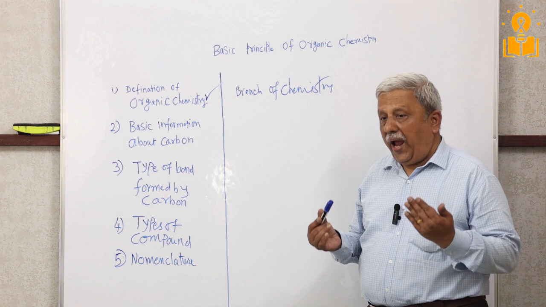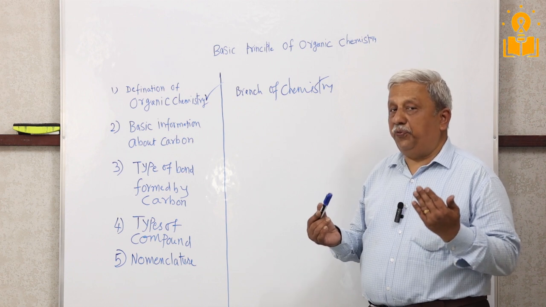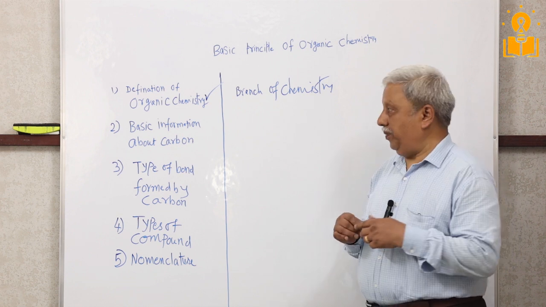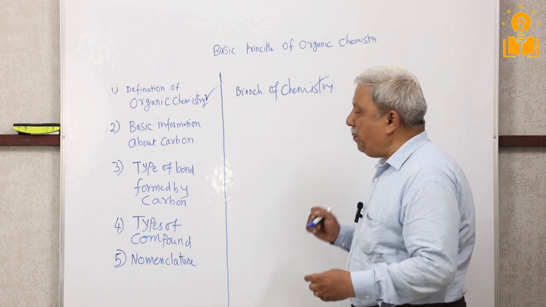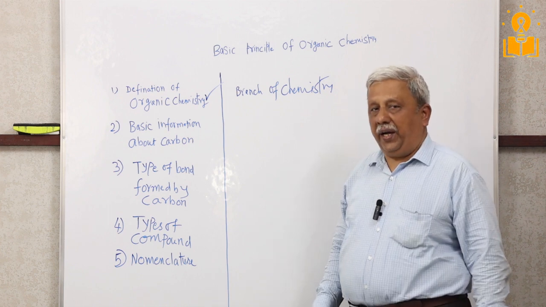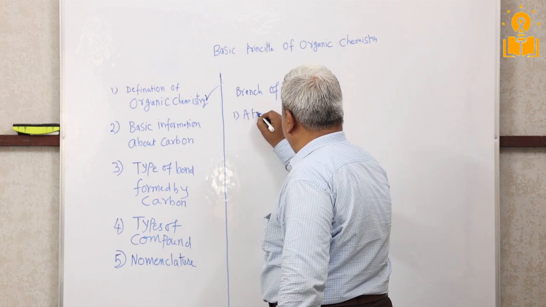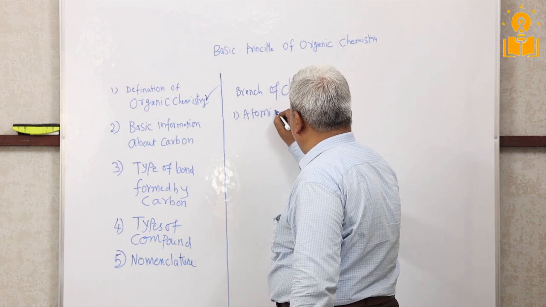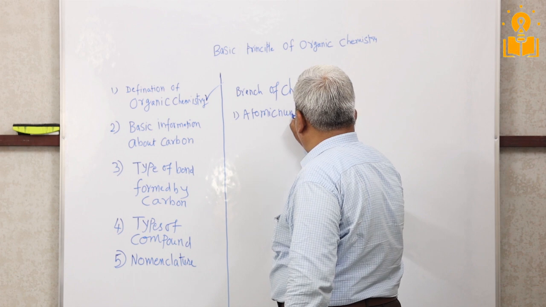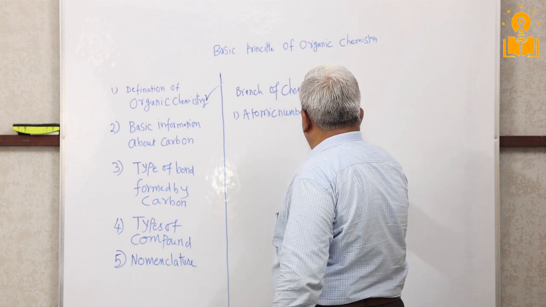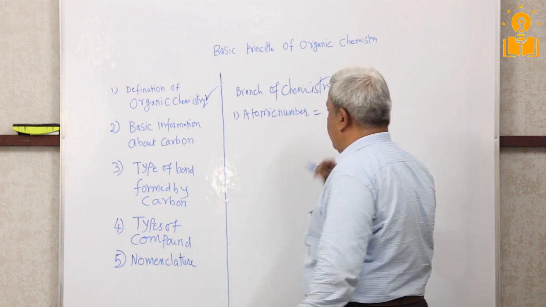So let us have some basic information about carbon. What basic information should we get? First thing, its atomic number. Its atomic number is 6.